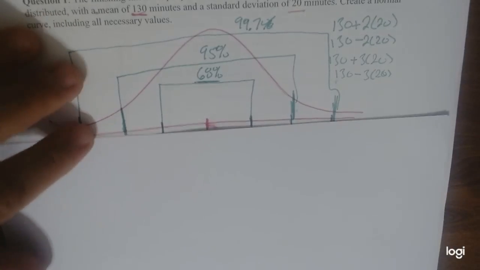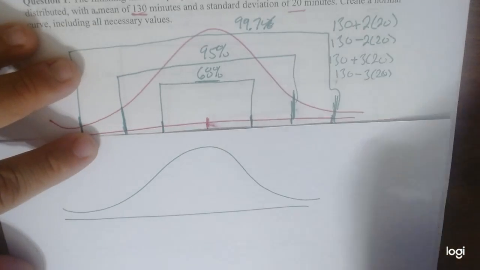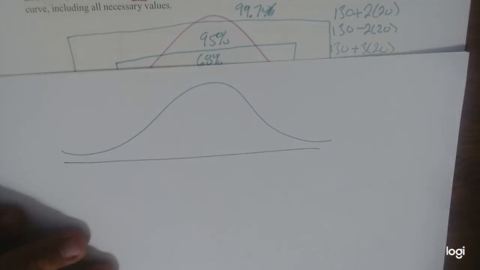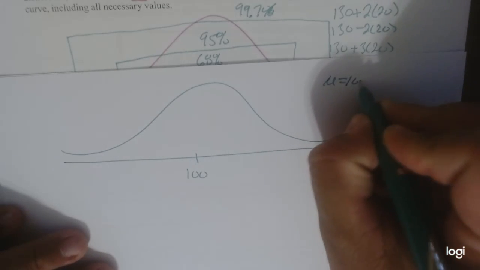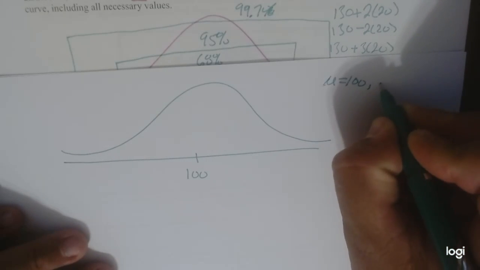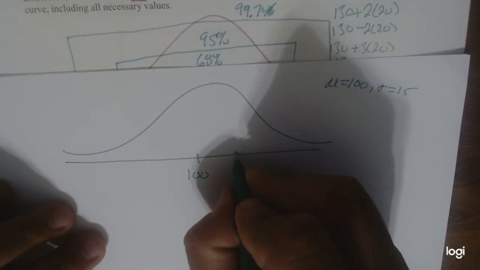Using our new mean and new standard deviation, I'll do the exact same thing, where mean is 100 and sigma is now 15.